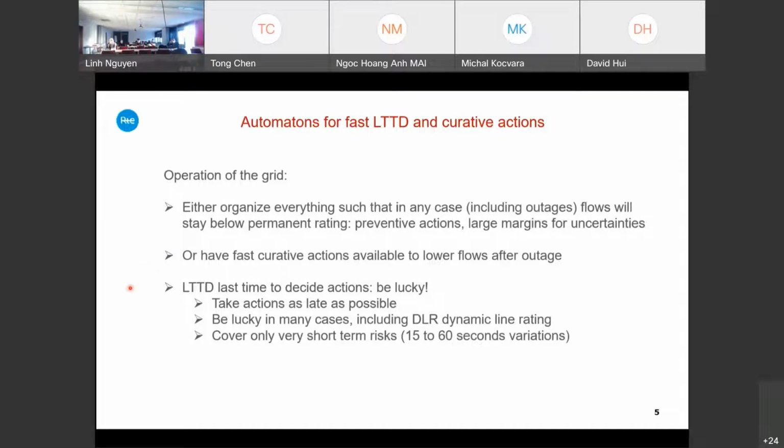So we decided about 5 years ago to go to the latest time to decide framework. And the idea is we want to be lucky. We want to take actions as late as possible, to benefit from all positive events that may happen.